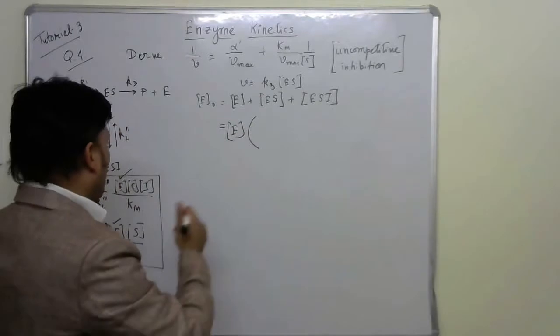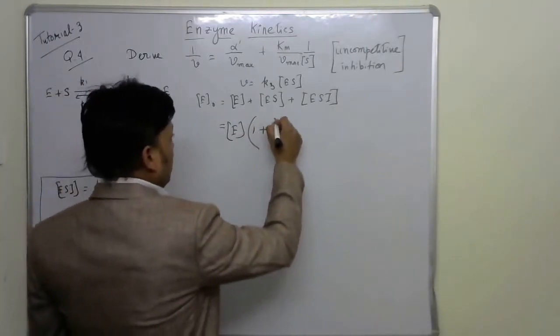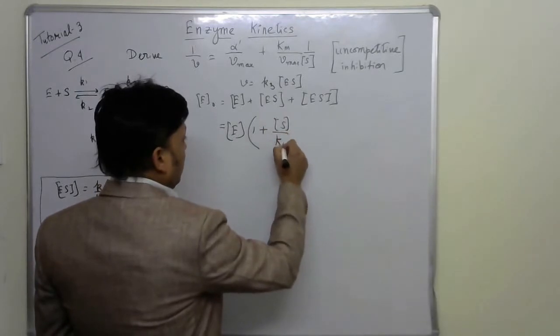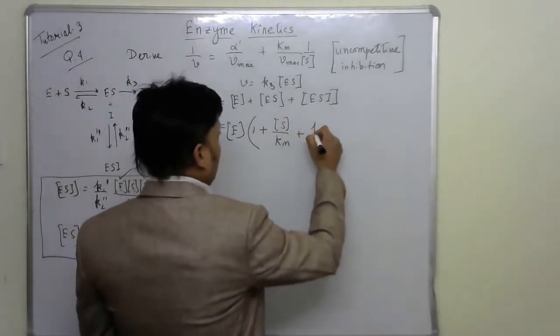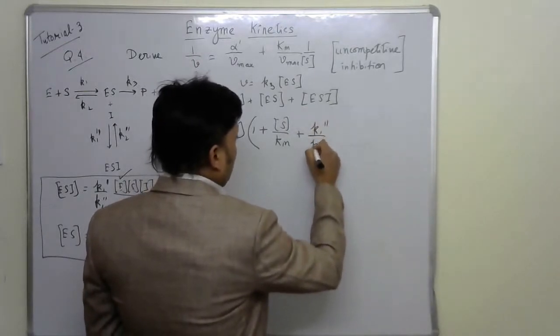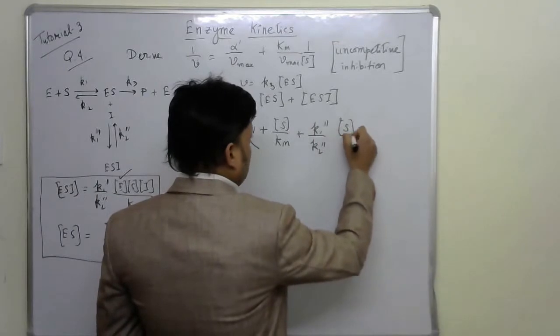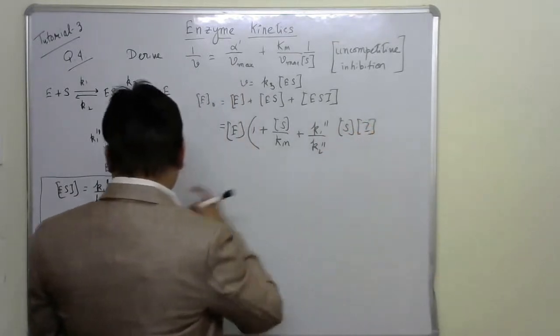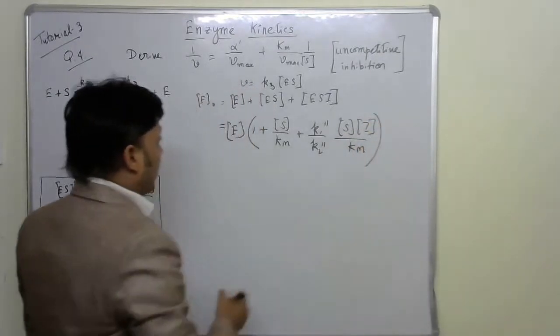So if we take E common, we have 1 plus, instead of ES, we have S divided by Km, plus, instead of ESI, we have K1 double prime divided by K2 double prime multiplied by S multiplied by I divided by Km. Alright, and the bracket closes.